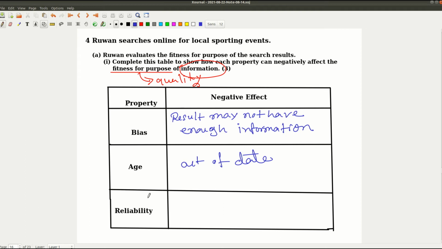Reliability is, you search something and you get information about something else, maybe it doesn't match the source or is inconsistent, meaning the information you are seeing is actually not true, it's a fake one. So this is called reliability.